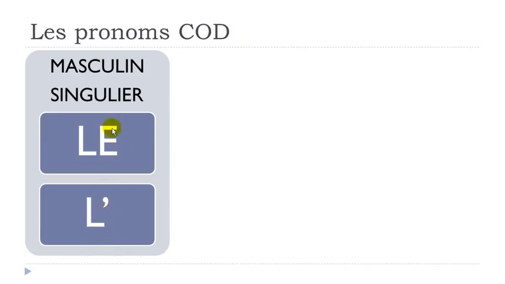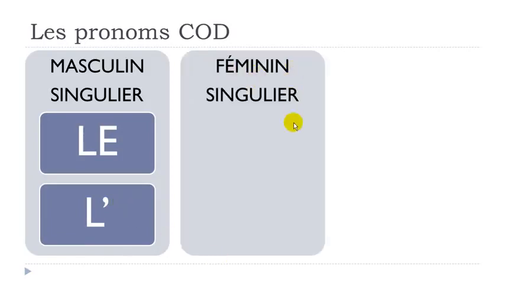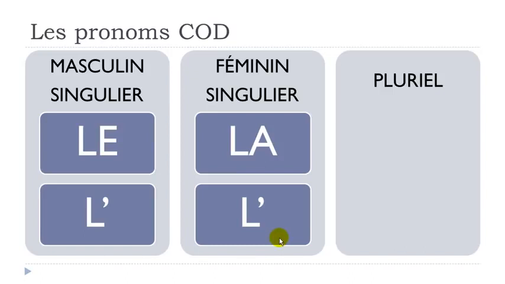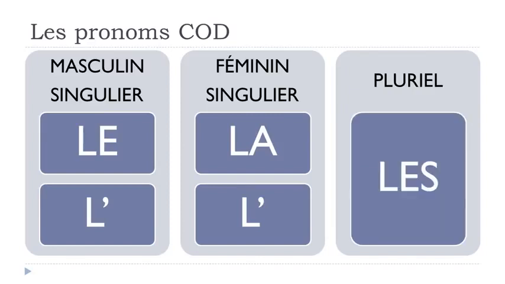If it's feminine singular, the third person of the singular, it will be la, or l apostrophe if you get a vowel after. For the plural, the third person of the plural, it will be les.